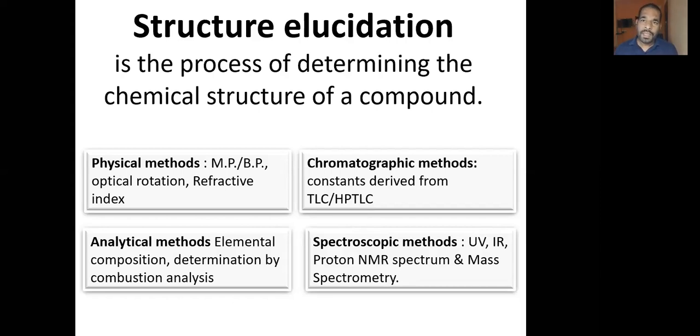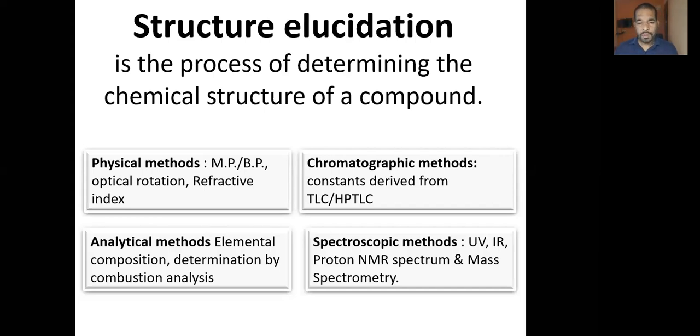Even the ash value is included in the physical methods. Extractive value is also a part of the physical methods. So all these are described under the physical methods, and these are physical constants.